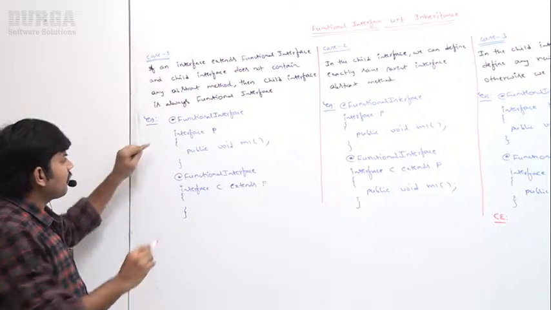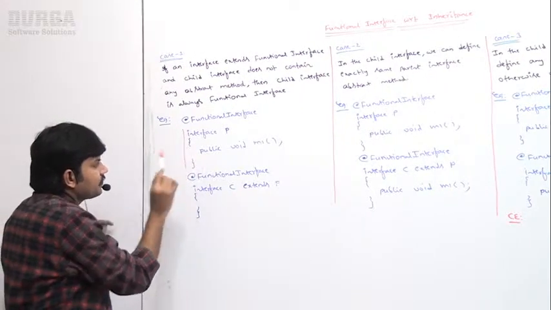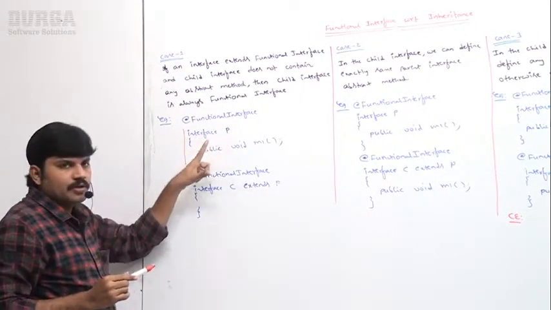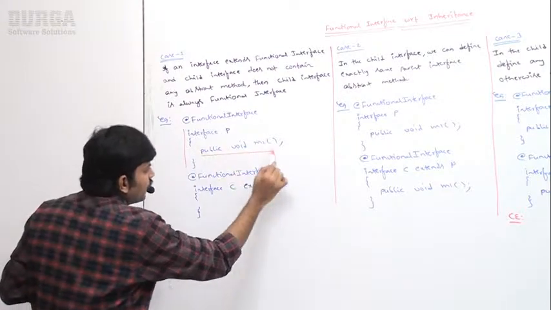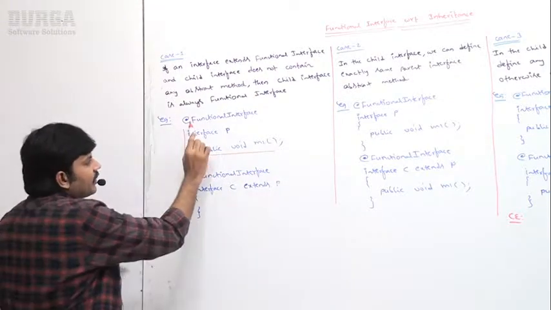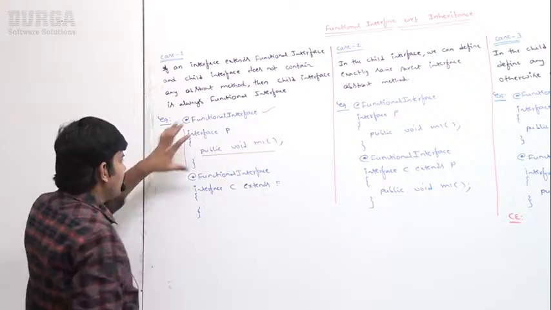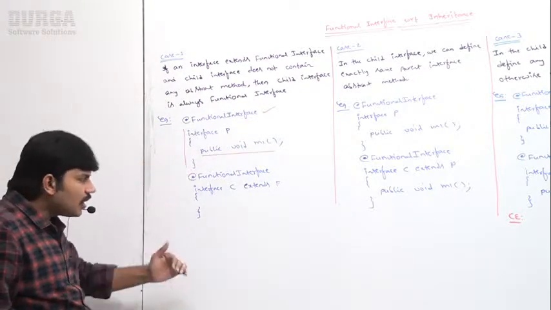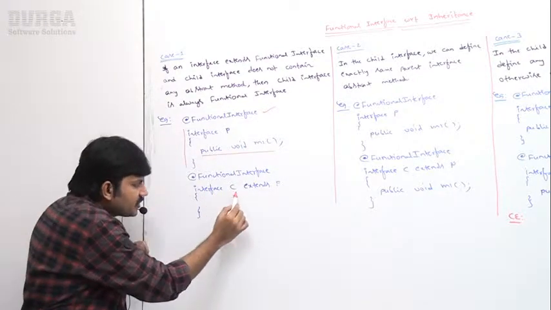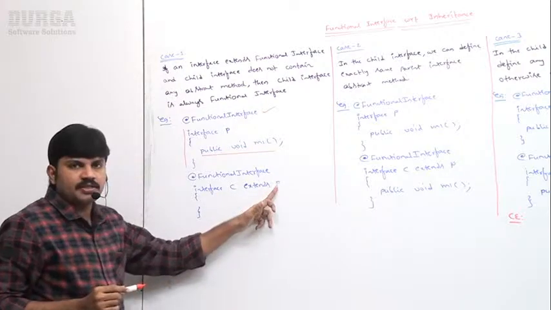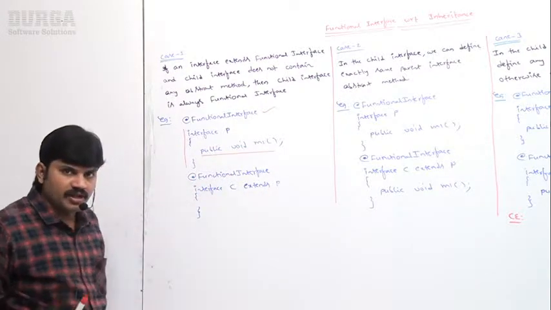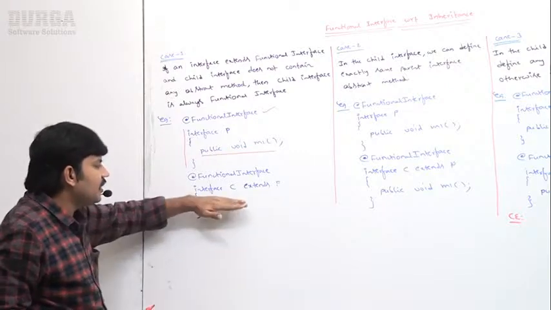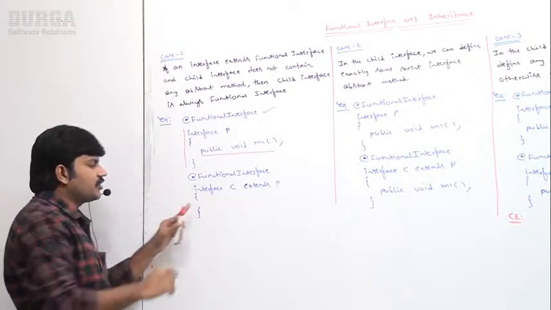I am taking a parent interface: interface P, public void m1. Of course, it contains only one abstract method, so even if I declare @FunctionalInterface, it is valid. Now child interface C extends P. I declare the child interface also as a functional interface, but I didn't take any abstract method in the child interface.